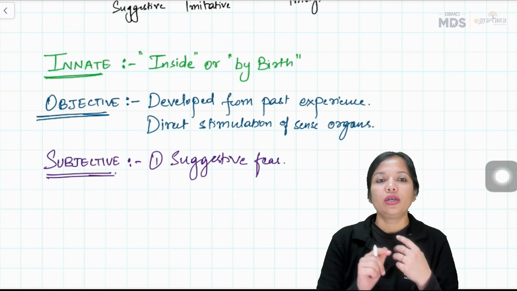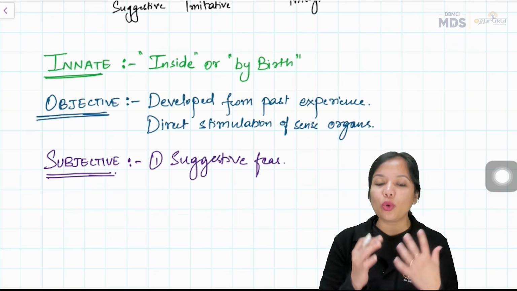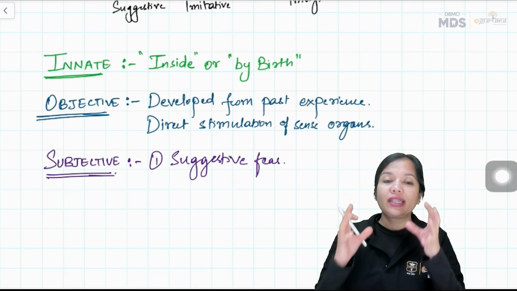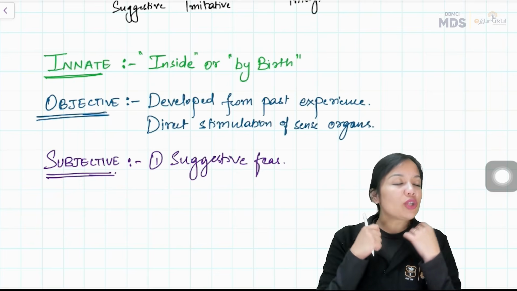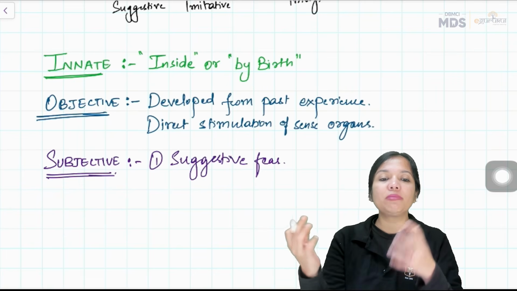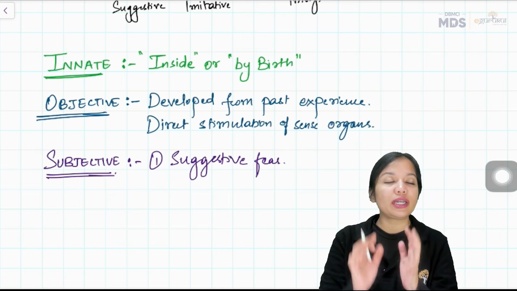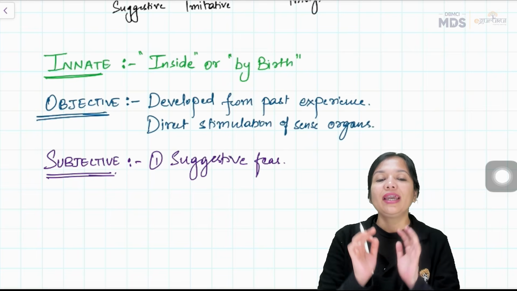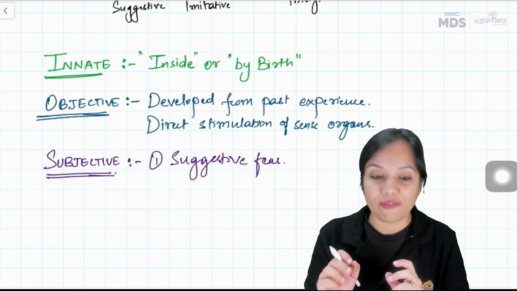Okay, so now the child is scared of the dentist because all he knows is he has been told that a dentist is known for giving injections. So he does not have any past experience, but because of that repeated suggestion by the parents, he has developed a fear that if he is taken to the dentist for anything, the dentist is going to give an injection to him or her. That is suggestive fear.